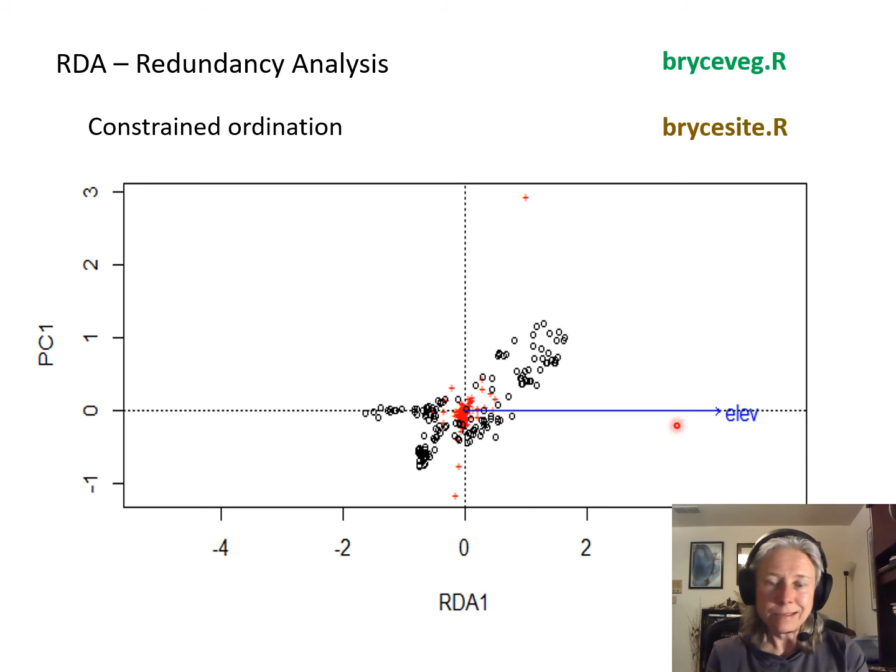But it's not strongly associated with elevation, indicating, this versus this here, indicating that there are variables other than elevation that account for patterns in your community. And again, this was just done for an example to teach you how to start reading these graphs.